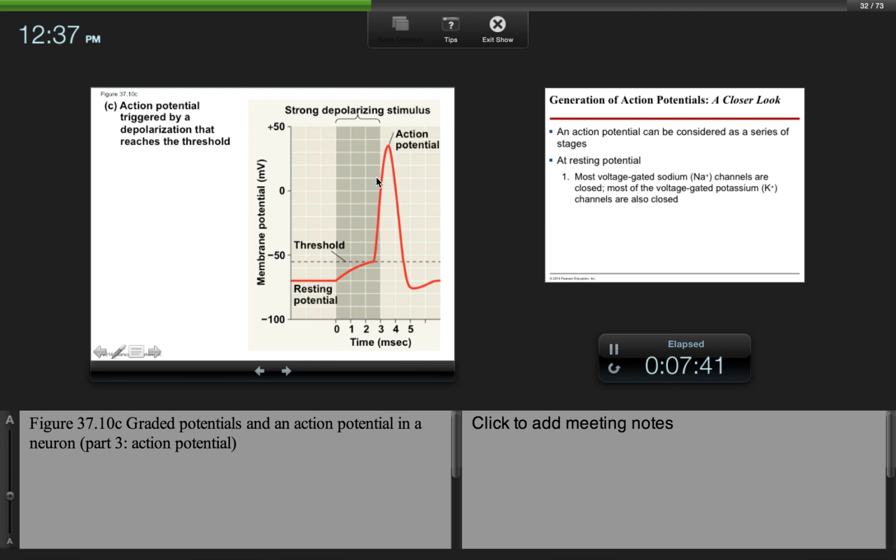That's what's meant by all or none. Once we reach threshold, your neuron will fire. Either it's going to reach threshold and it's going to fire and generate an action potential, or it's not going to reach threshold and it's not going to generate an action potential. Next, we're going to talk about what causes this change in membrane potential.